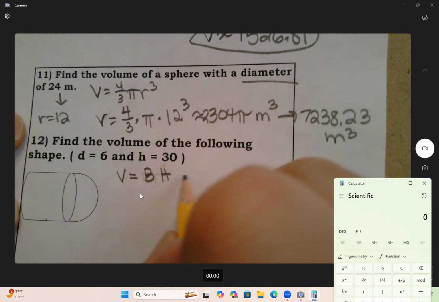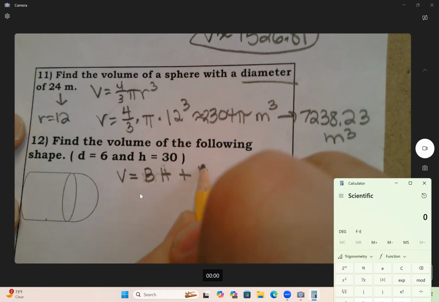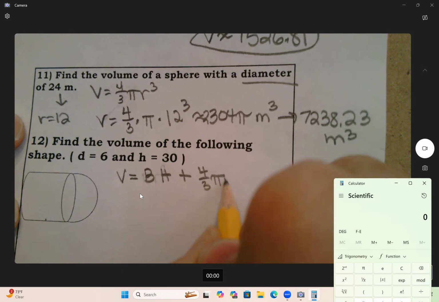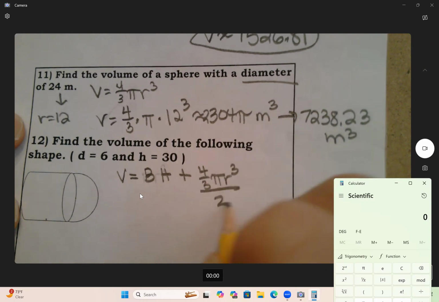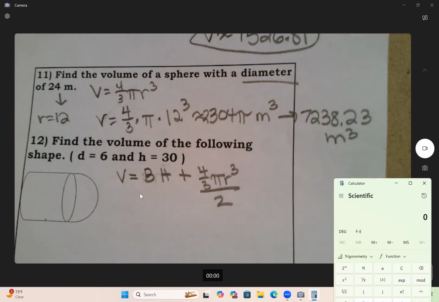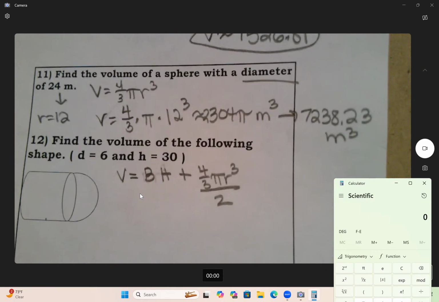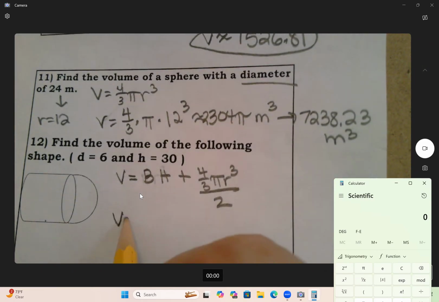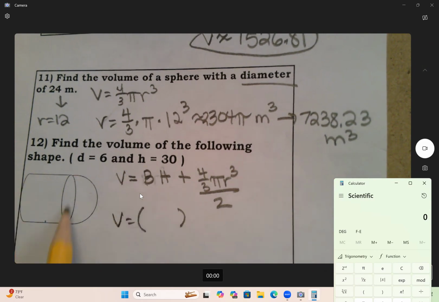And then the volume of the hemisphere is 4/3 pi r cubed, but divided by 2 because it's half of a sphere.